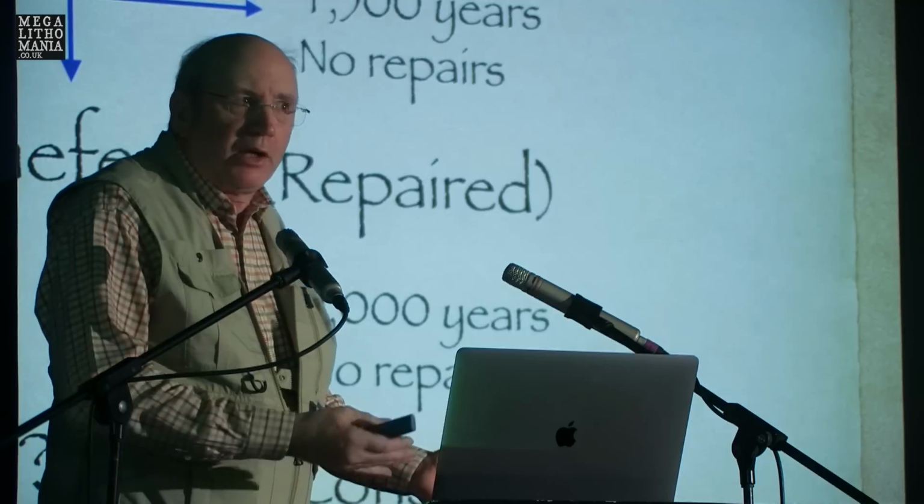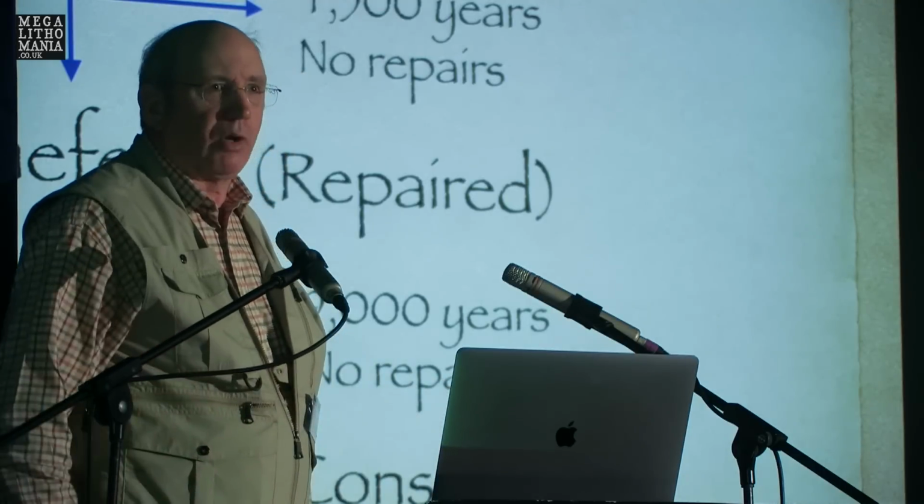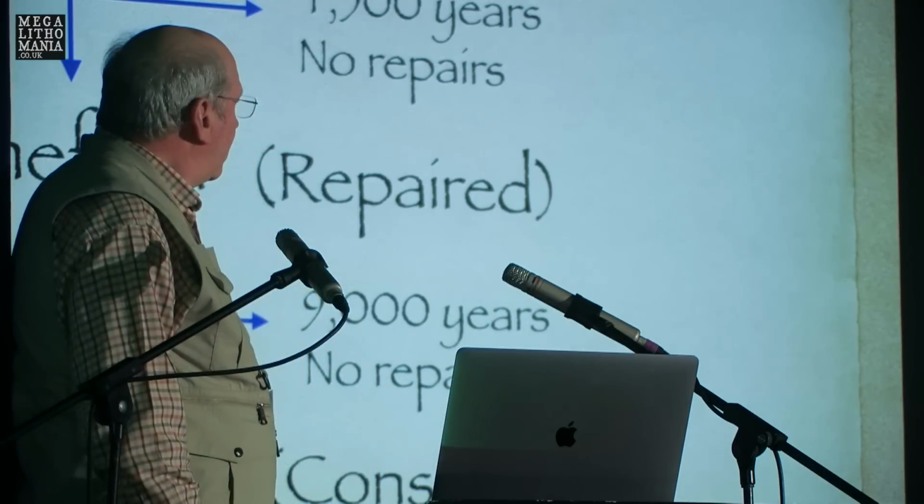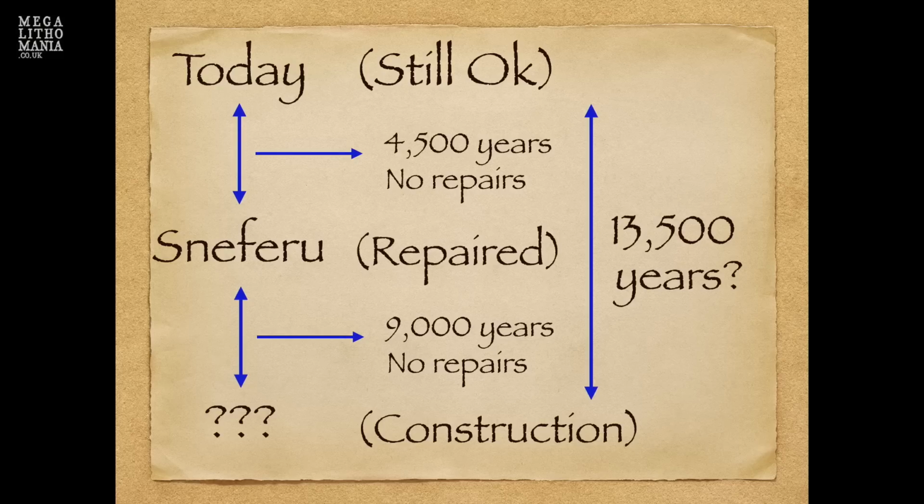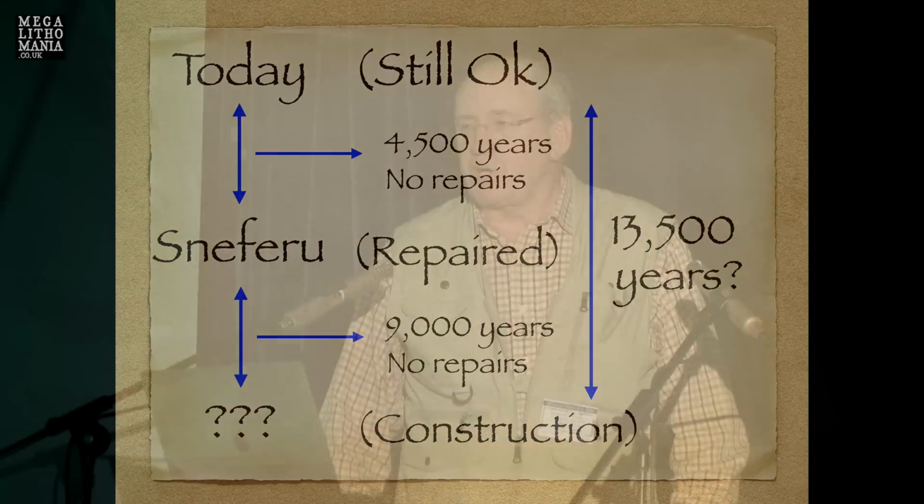And is still in fairly good condition now if some of the casing blocks hadn't have been stolen. If that's so, then the total age of the pyramid is something like 13,500 years old. Much earlier than standard archaeology will suggest for the pyramids.